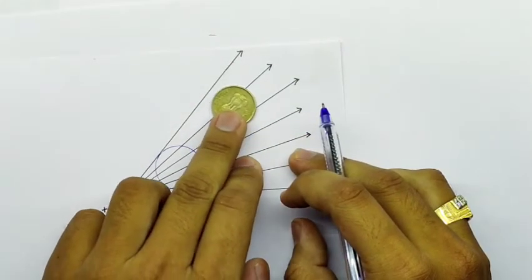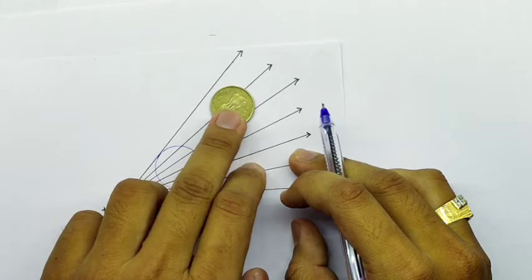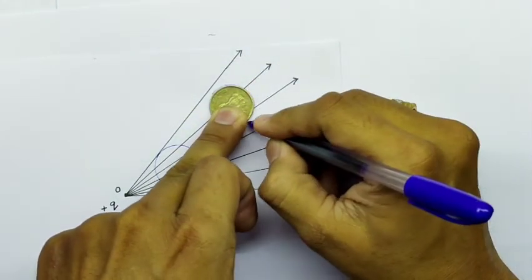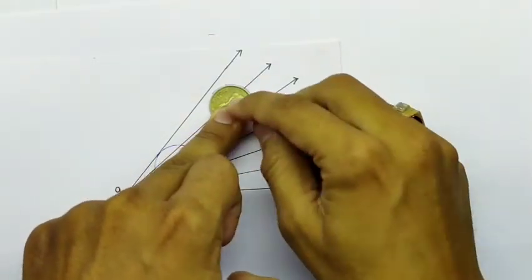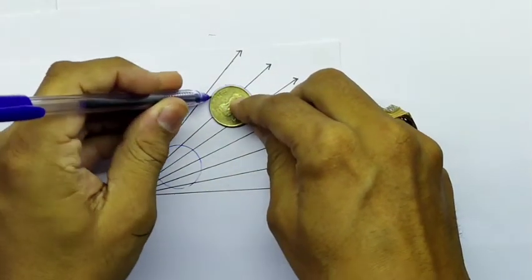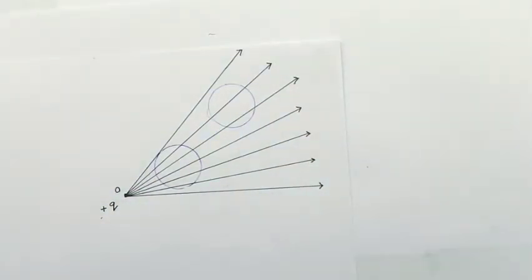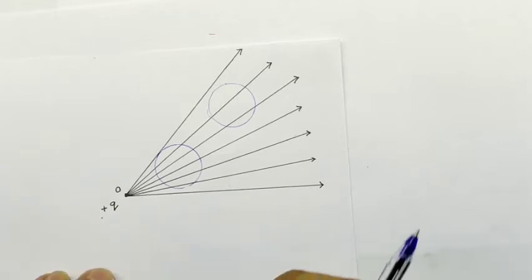Now you can see that both areas are equal. To make them equal, I used the same coin.